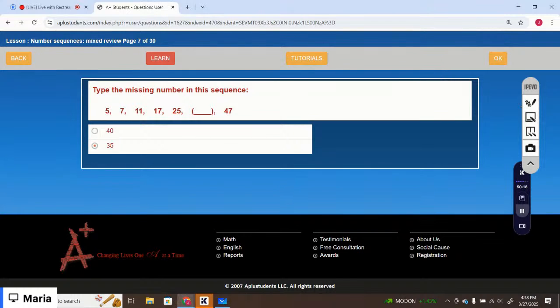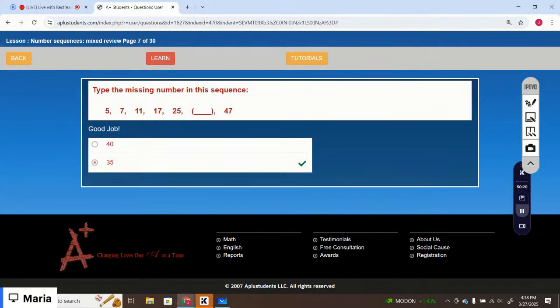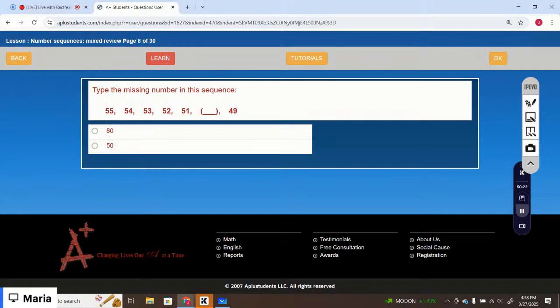Okay, let's see. The next number is 35. Type the missing number in the sequence.